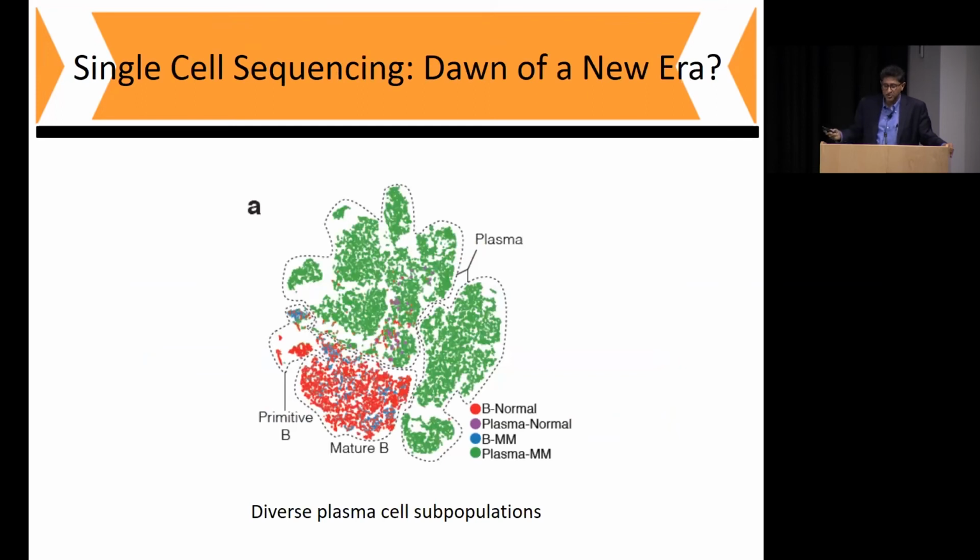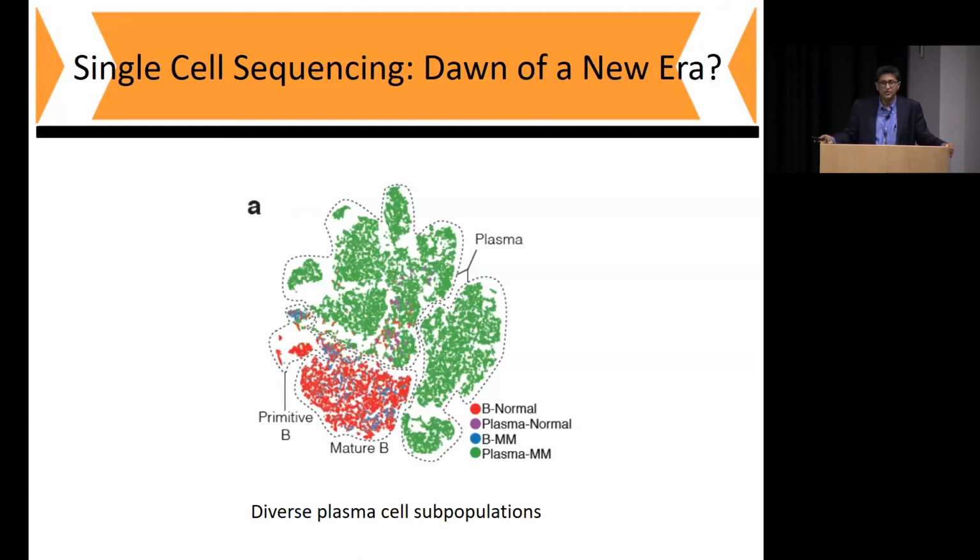And this just shows you some of the data that has emerged from this kind of technology. When you look at the plasma cells from a given individual, you actually have very different populations of plasma cells, and these arise, as we've been saying this morning, from B cells.